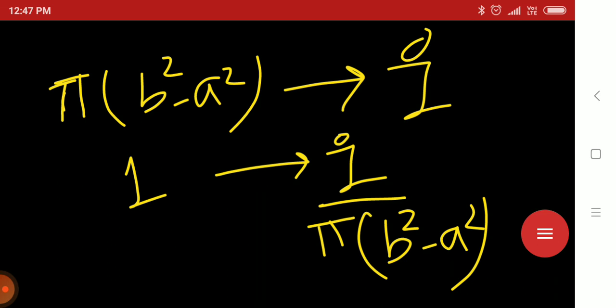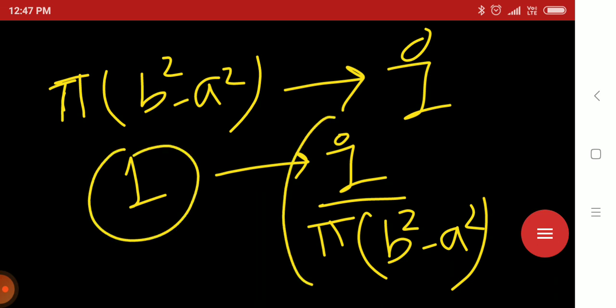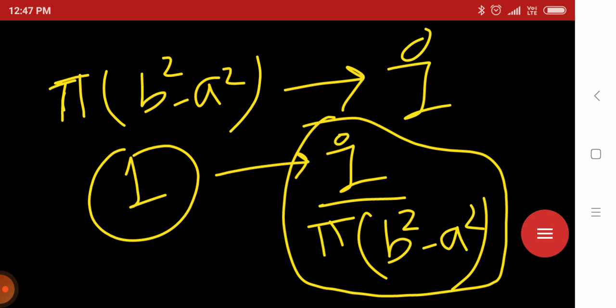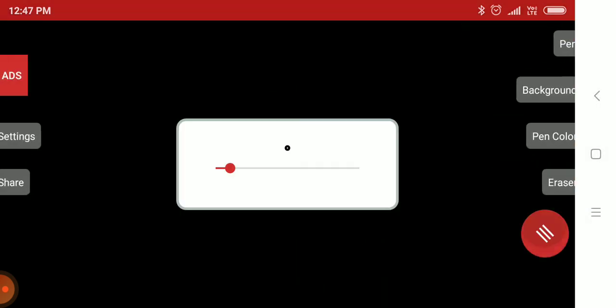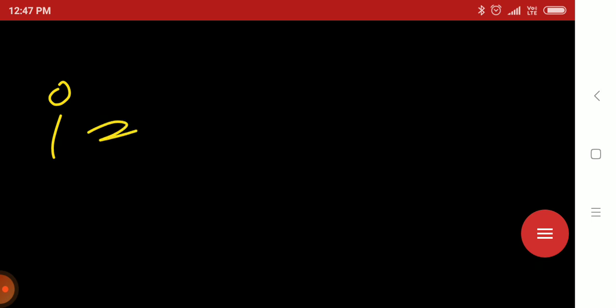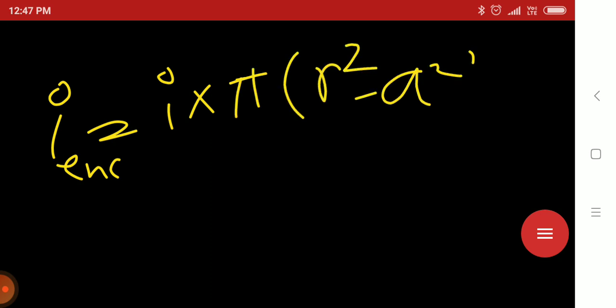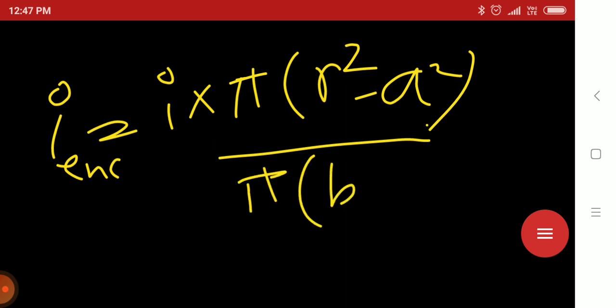But we have to obtain the magnetic field for the radius A less than r less than B. For there, the area is pi times r square minus a square. So for pi times r square minus a square, what is the current? I enclosed equals I times pi into r square minus a square by pi into b square minus a square.